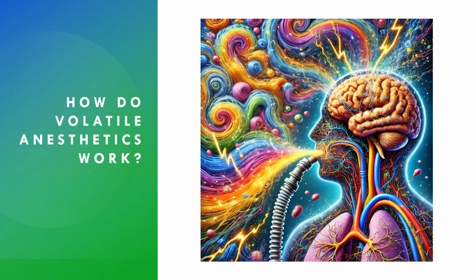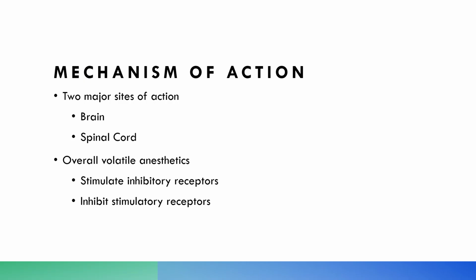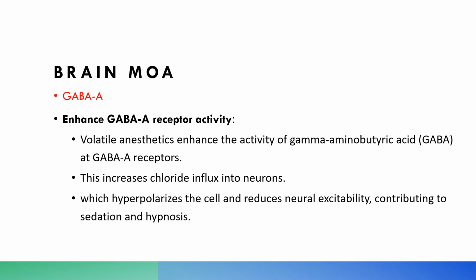All right, so let's talk a little bit about how our volatile anesthetics actually work. So there's two major sites of action that we need to think about: brain and the spinal cord. So overall, volatile anesthetics are going to stimulate inhibitory receptors and inhibit stimulatory receptors. All right, one of the big ones that volatile anesthetics work on is your GABA A receptors, gamma aminobutyric acid, those A receptors.